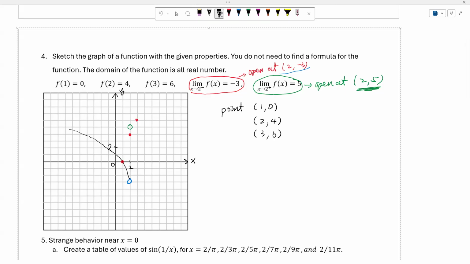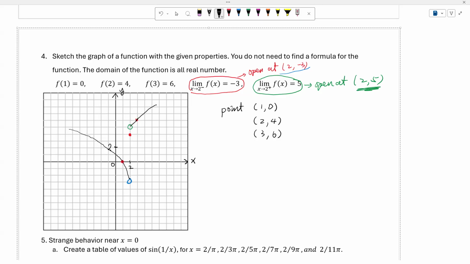And the function on the right, again from the right, will cross or touch the point. In this case, it will be (3, 6), and then get to the open circle right there.